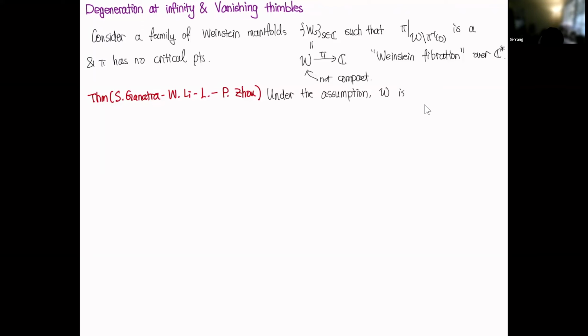So W is obtained from the product W_0, which is π inverse of 0, times a disk, by attaching a symplectic mapping cylinder of a Weinstein cobordism.